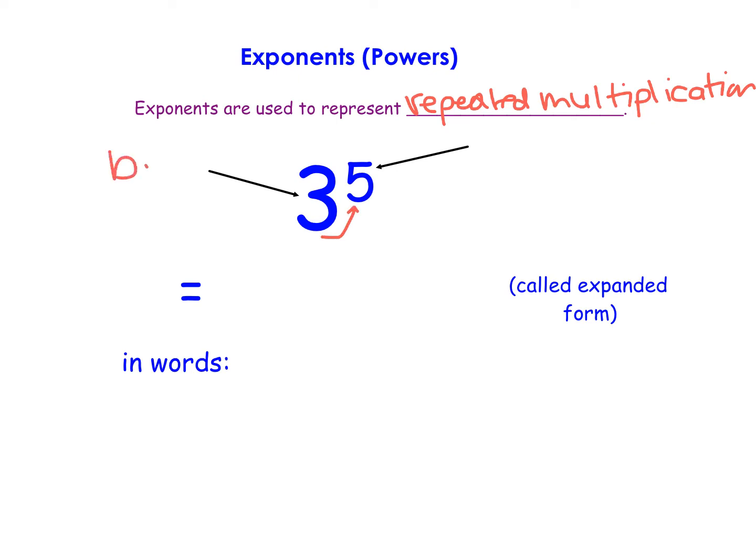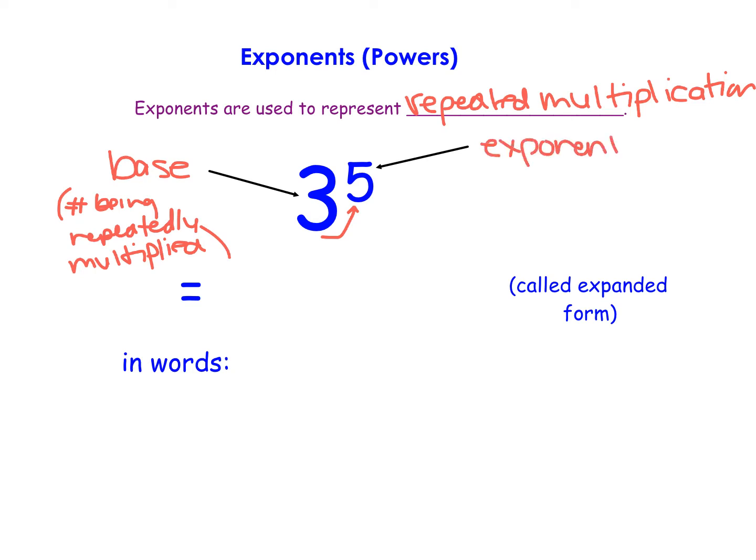3 is called your base. So it's the base number. It's the number that is being repeatedly multiplied. And then the 5 is called your exponent, or sometimes referred to as a power.